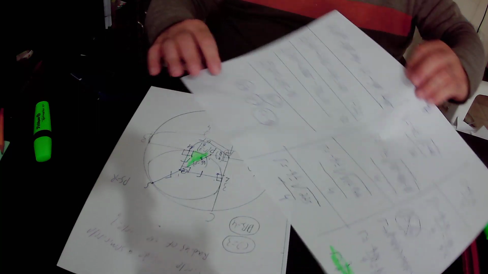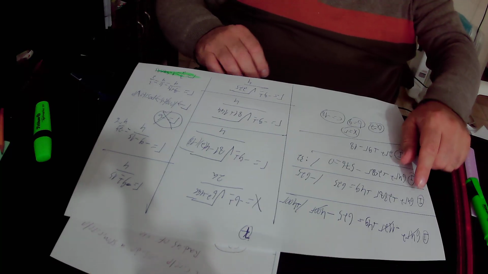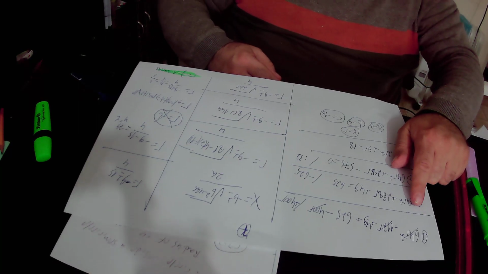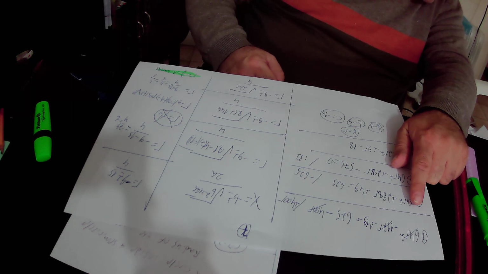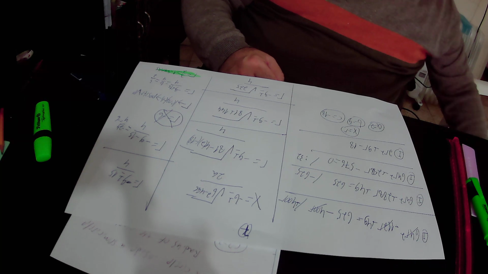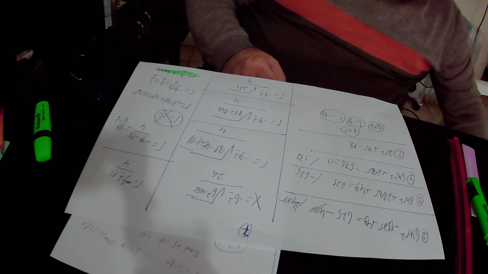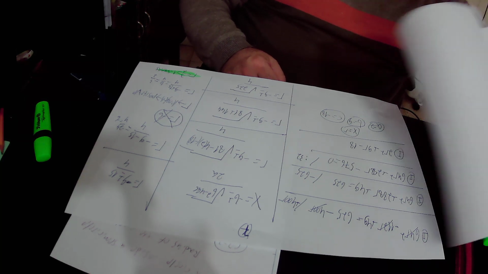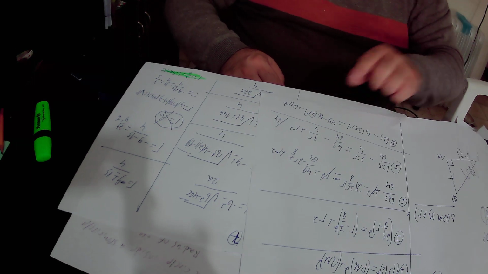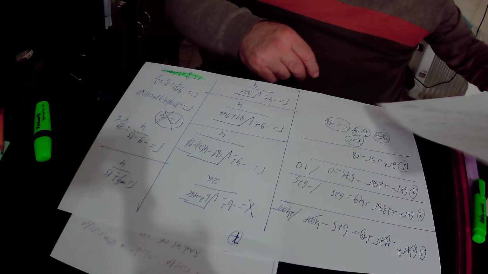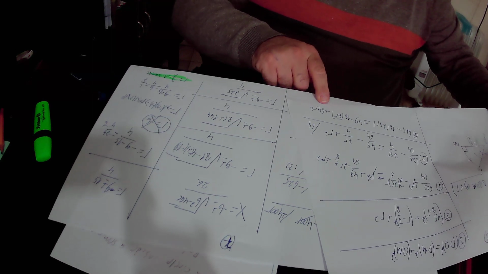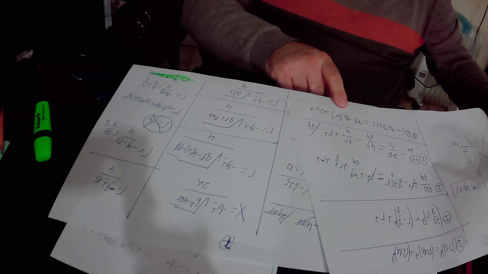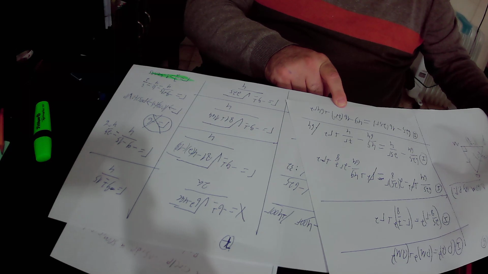So here we have 64r squared, and on this side of the equation we have 64r squared, and minus 16 times 7 is minus 112r.